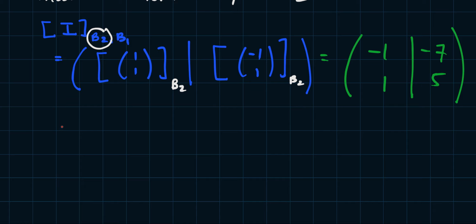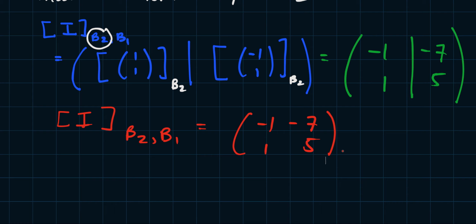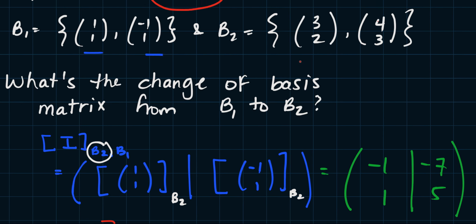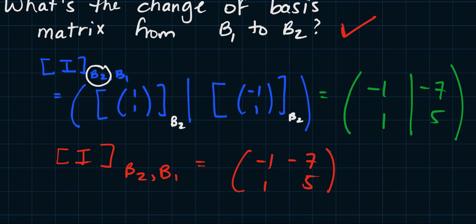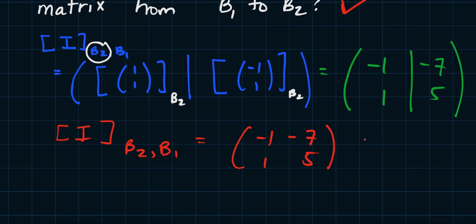So now I'm going to say that the change of basis matrix from B1 to B2 is equal to negative 1, 1, negative 7, 5. Okay. Now, we found the change of basis from B1 to B2. It's equal to this.